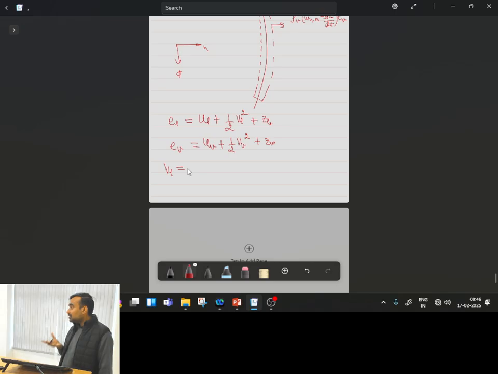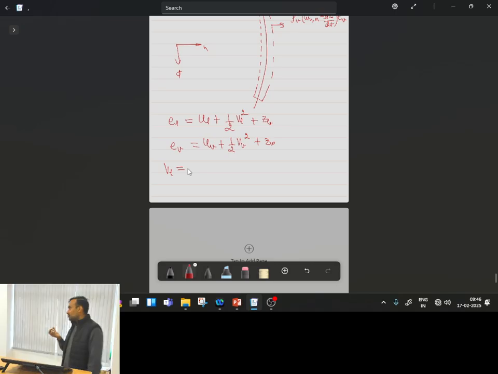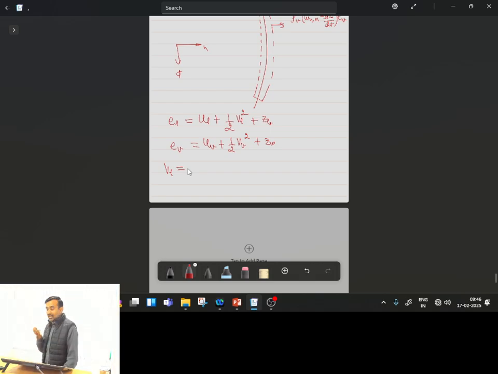VL is for the total kinetic energy of the liquid. So if it is the total kinetic energy of the liquid, this V has to be equal to the total velocity field.